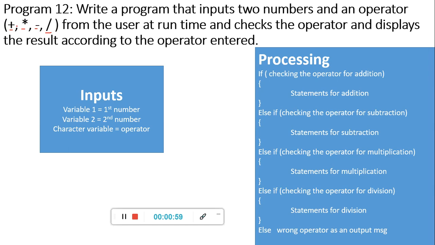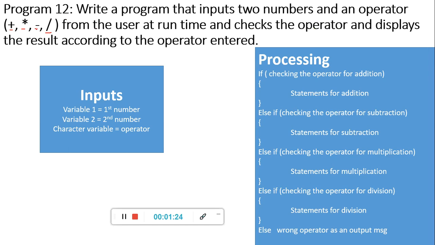So an operator must include plus, star, hyphen and front slash. Only these four operators will be used. No other operator as a character will be used in this program. So the program will input two numbers and an operator from the user at runtime and check the operator.